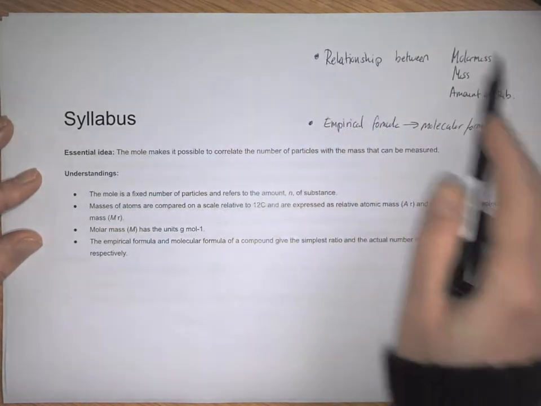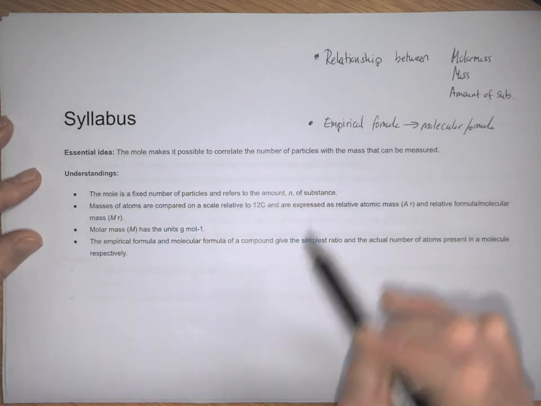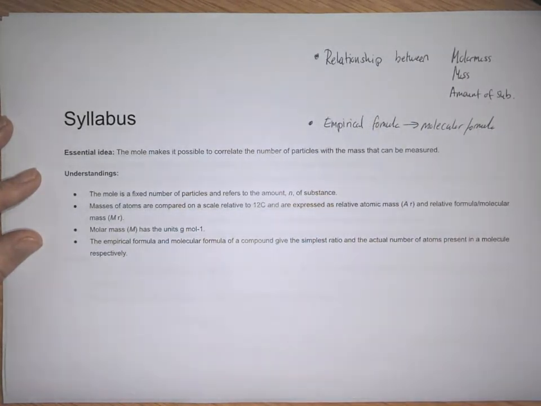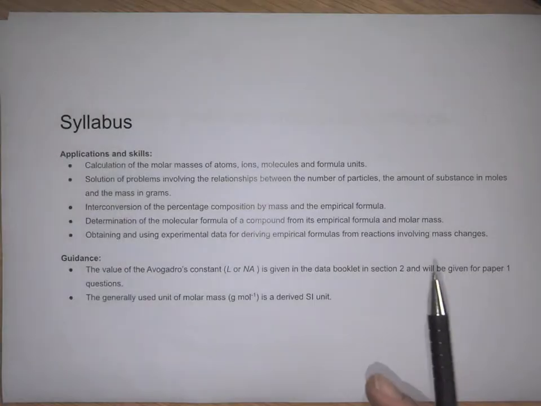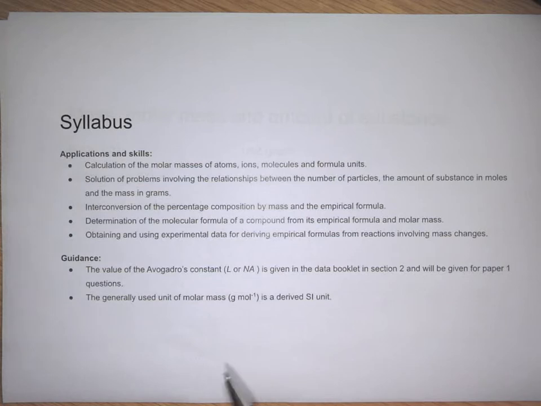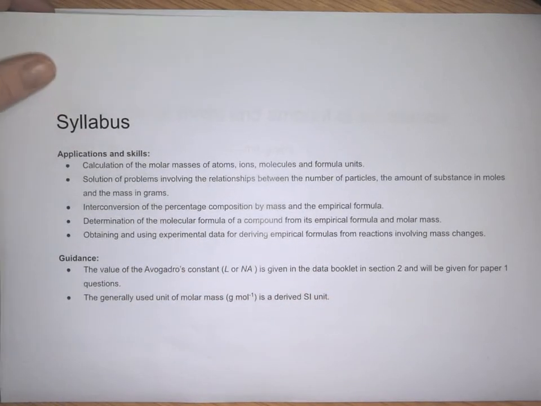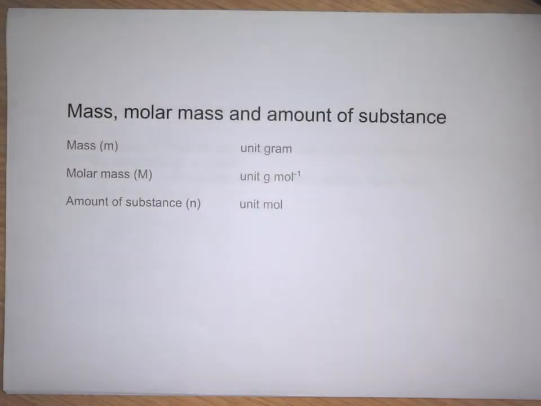This first video will be the relationship between the molar mass and amount of substance, and the second video for this topic will be about the empirical formula and the molecular formula. So we're now going to start with molar mass. We're going to talk about amount of substance and the relationship with these three.